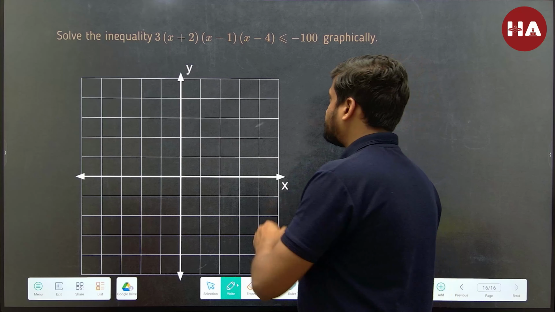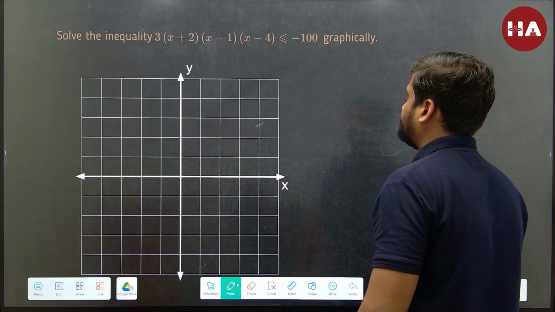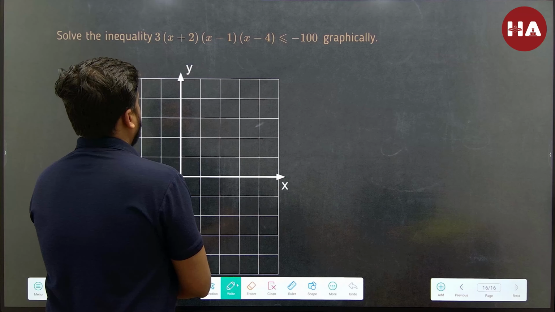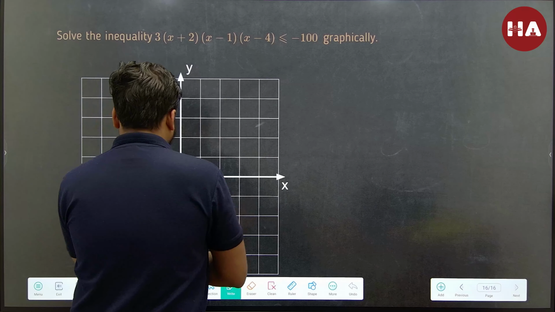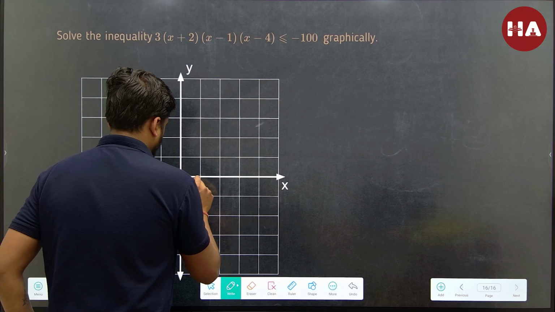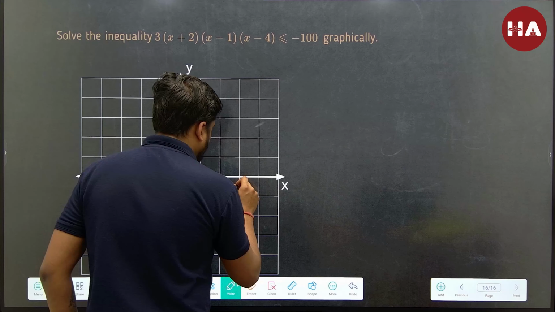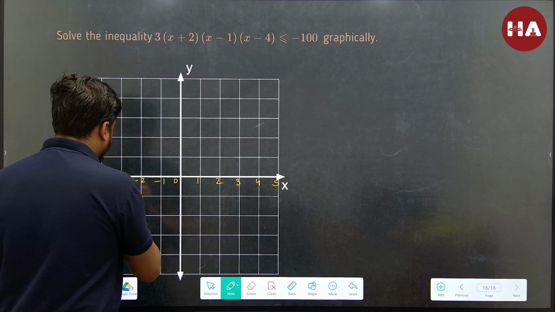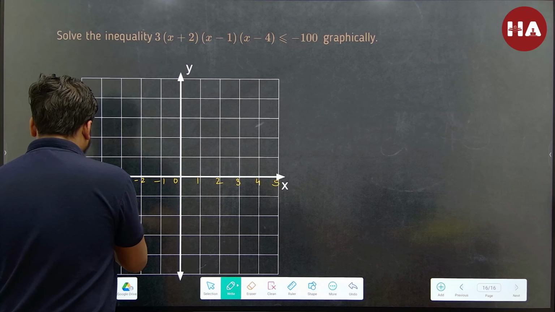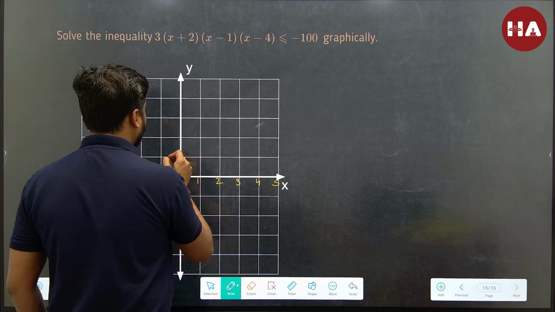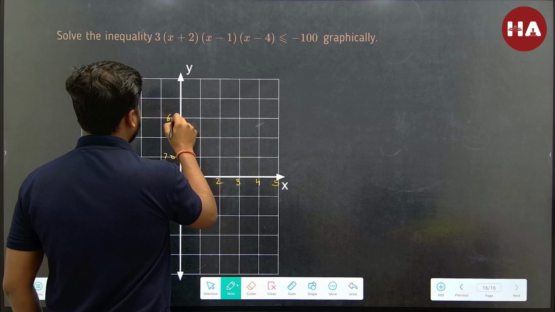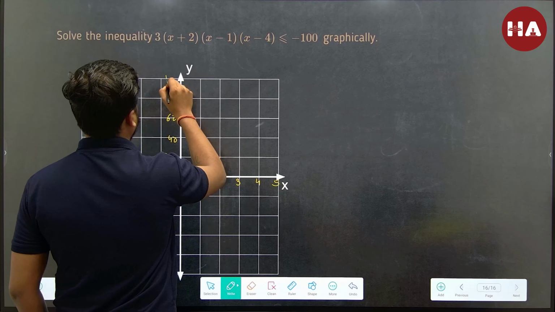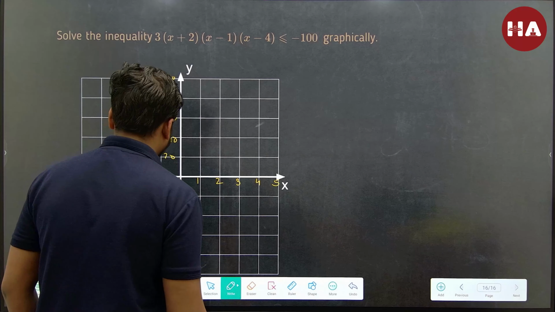All right, now when we drew the graph of this, again I'm not going to draw the perfect graph, but I'm going to give you an idea of how the question needs to be done. Let's take some bigger values: 20, 40, 60, 80 and 100. Correct?